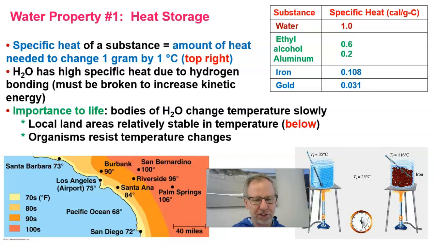We are made up mostly of water, so it protects our bodies from drastic temperature changes. And even nearby land areas that are close to large bodies of water don't change temperature very quickly. So all around, this property of high specific heat of water is protecting life from drastic temperature changes.